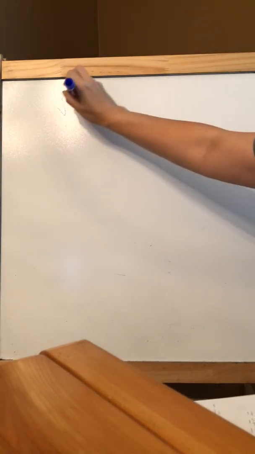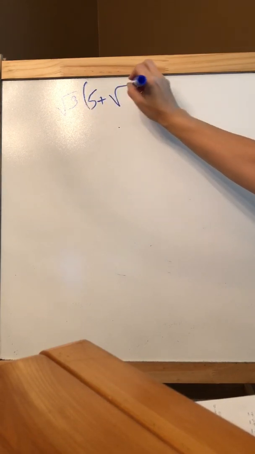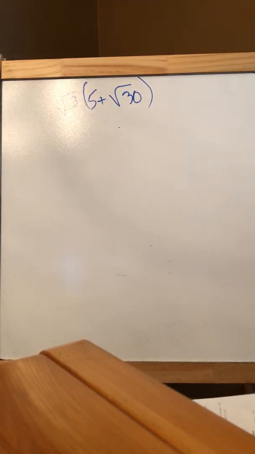Now we are going to distribute and FOIL using roots. We have the square root of 3 times 5 plus the square root of 30. Treat this just like any other algebraic problem that you're going to distribute.